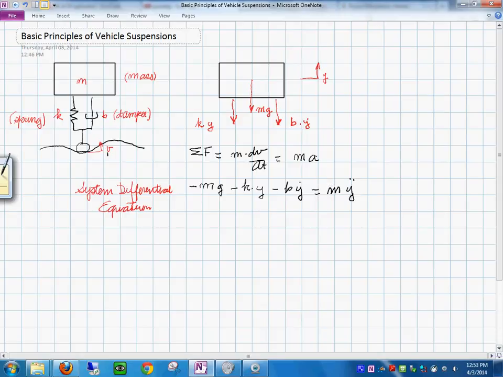Now, to do this, we have several tools. One of those is the MATLAB and Simulink tool, which you have taken some classes on. If we have this equation, we could actually build a simulation model that will reveal the response.